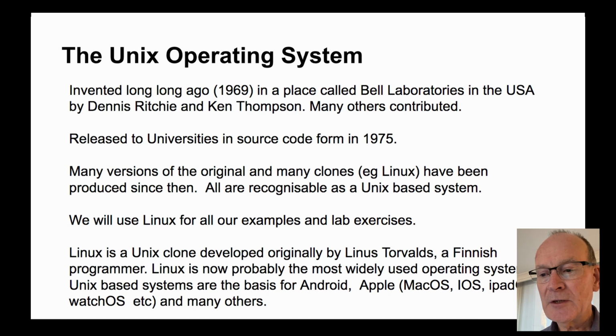This was released to universities in source code form in 1975, and this is an operating system which we now use as the basis for many other operating systems. Many versions of the original and many clones, such as Linux, which you've probably heard of, have been produced since those days. But all are recognizable as a Unix-based system.